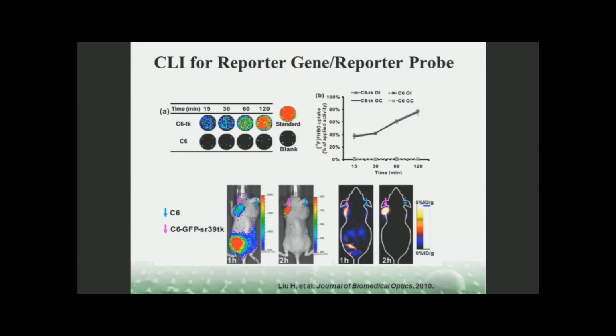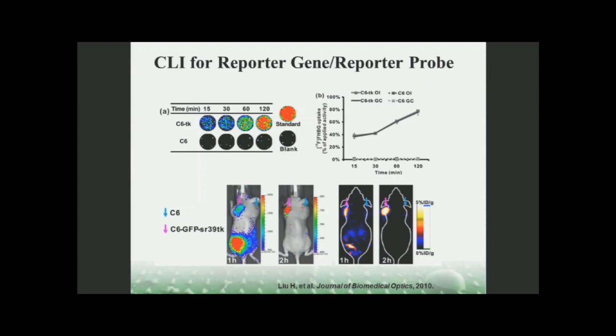And this is the in vivo data. On one side is C6 transfected with TK, on the other side is just the wild type C6. They do show very high uptake in the transfected cells, while they don't show any signal in the wild type. So this is Cerenkov Luminescence Imaging at 1 hour, 2 hour, and this is the micro-PET data, PET images at 1 hour, 2 hour.